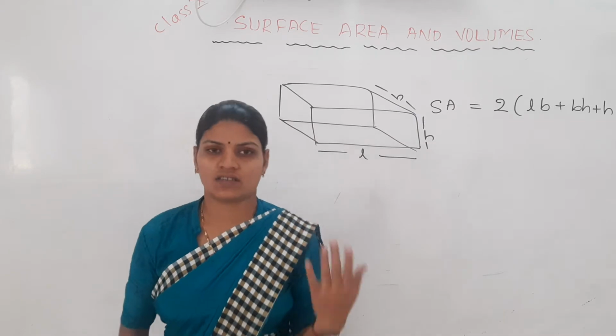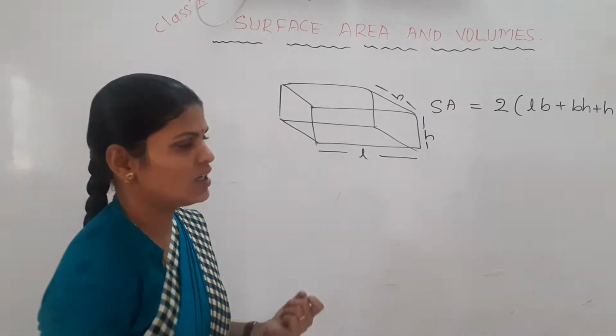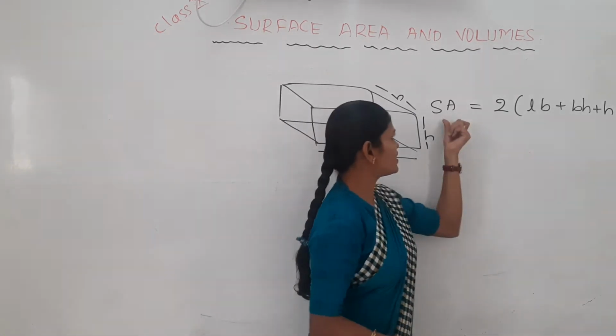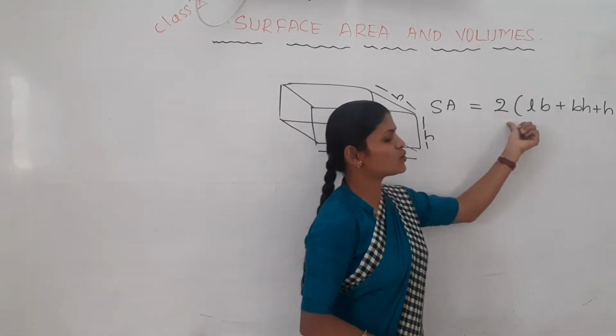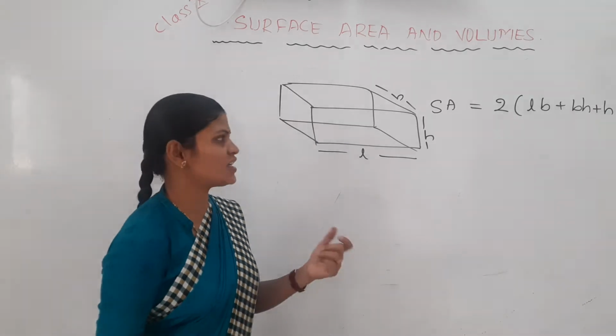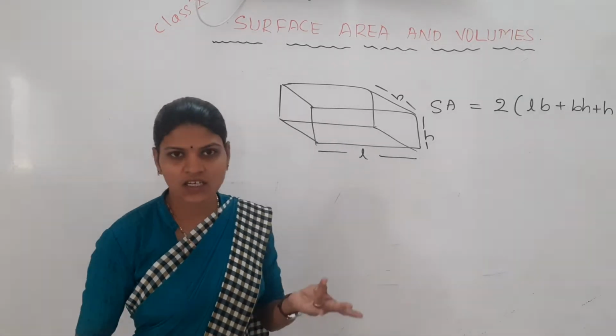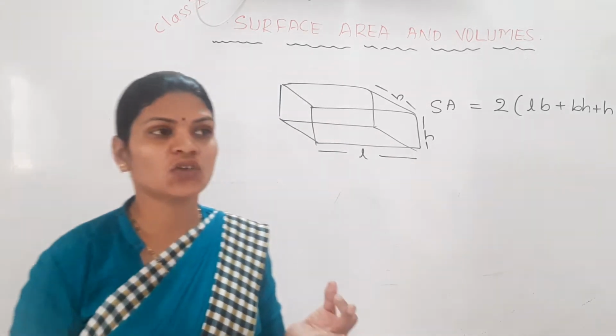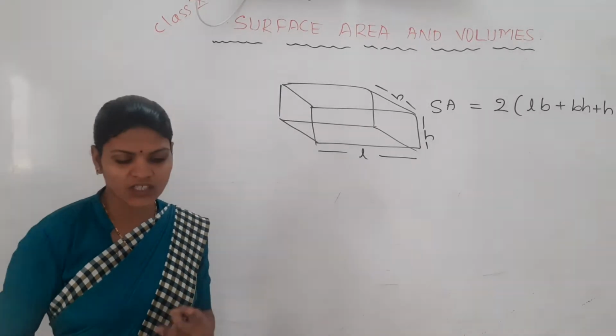So totally you will get one general formula: surface area of a cuboid is 2 times of LB plus BH plus HL. Here L is the length of the cuboid, B is the breadth of the cuboid, and H is the height of the cuboid.